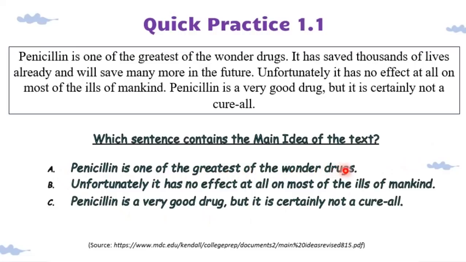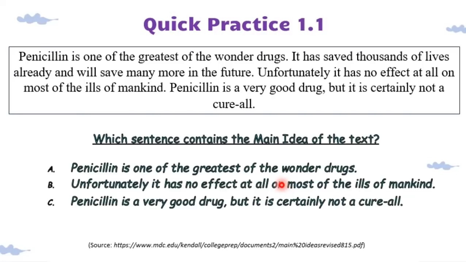Here, the idea is emphasized on the benefits of penicillin. Only the benefits, only the positive side of penicillin. B, "Unfortunately, it has no effect at all on most of the ills of mankind." This has the opposite meaning of the sentence in A. So, it only talks about the negative side of penicillin.